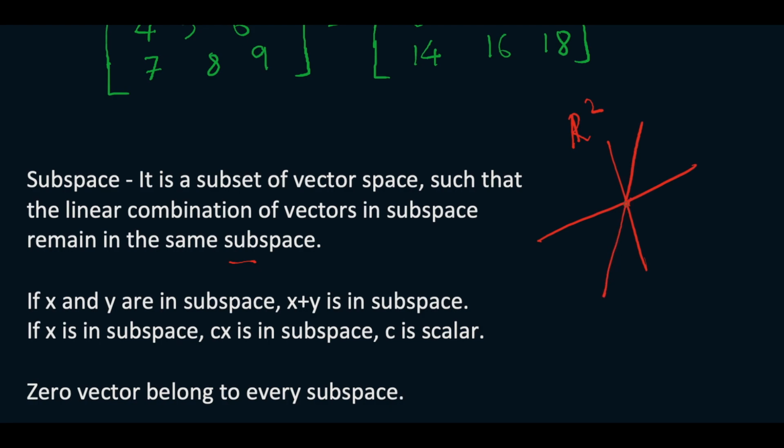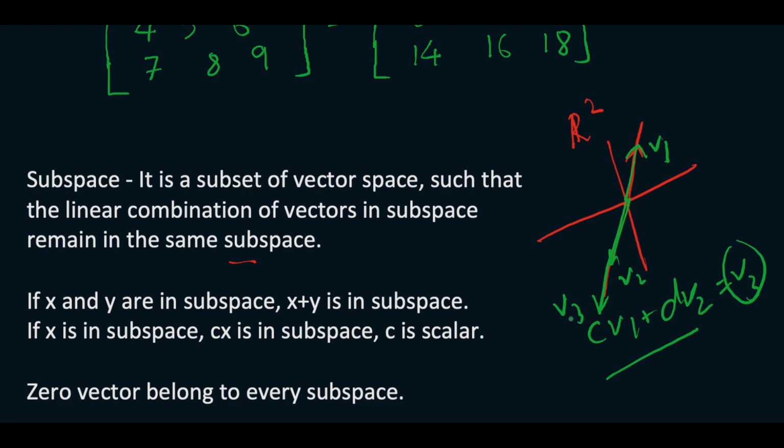That line going through the origin was a subspace, because for the vectors that we took on the line, like v1 and v2, the linear combination c times v1 plus d times v2 gives some v3 that will again be on the line. So it is a subspace.